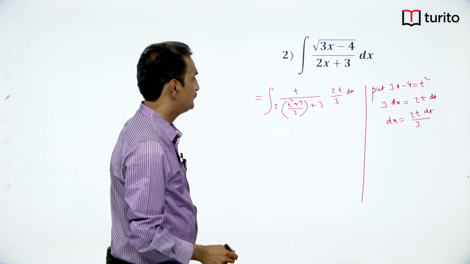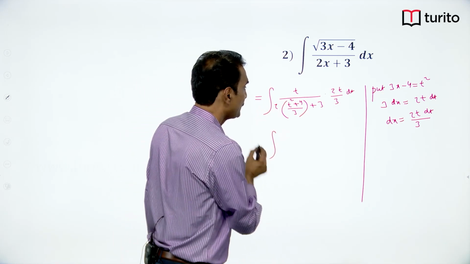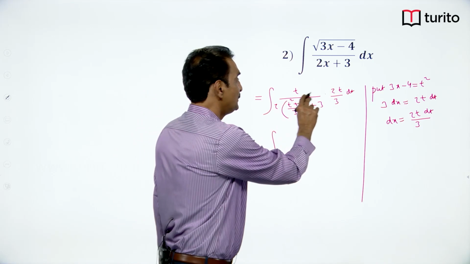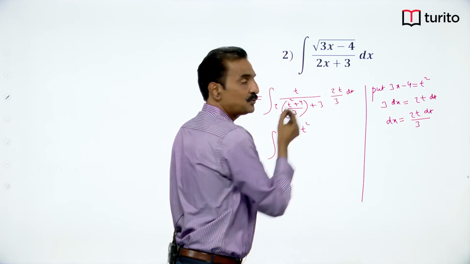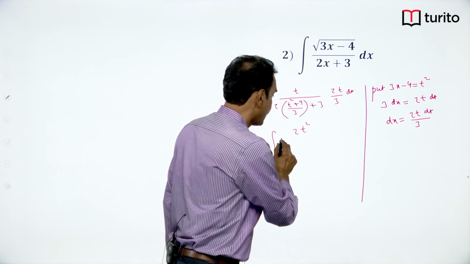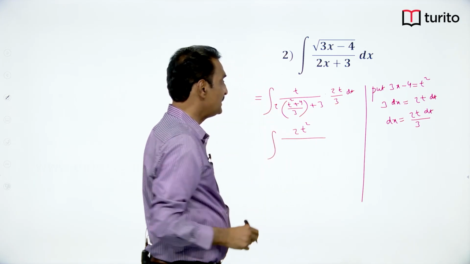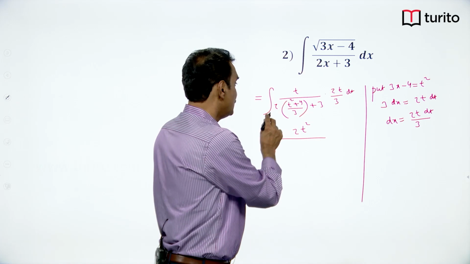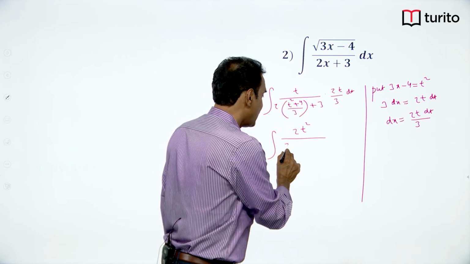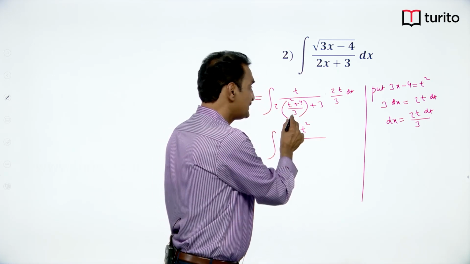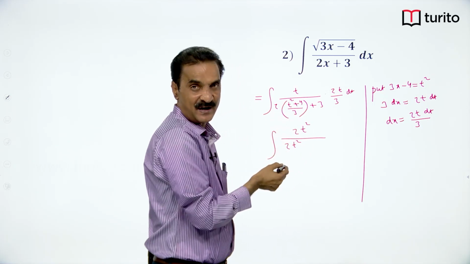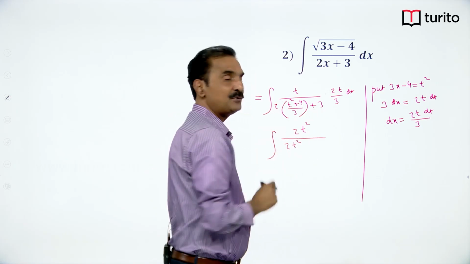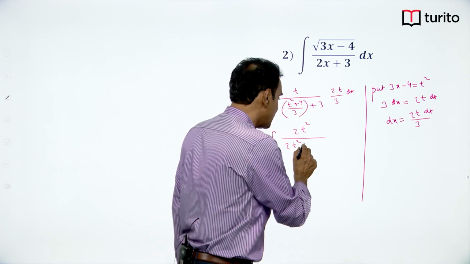Now simplify. Numerator is t into 2t, 2t², by multiplying by 3 inside. This 3 cancels: 2t² + 2 into 4, 8, plus 3 into 3, 9, 8 plus 9, 17.